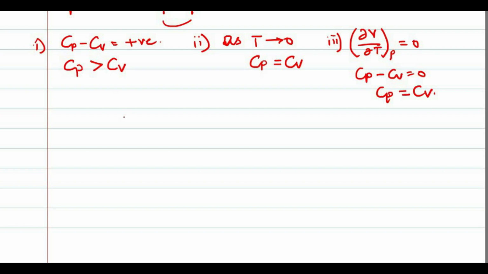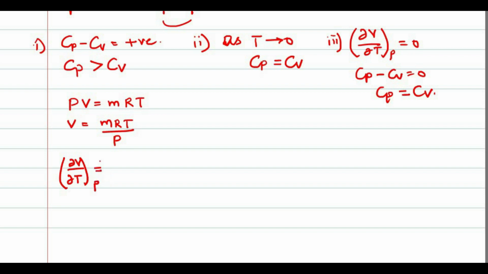We know that for an ideal gas, PV is equal to mRT, and V is equal to mRT by P. So I can write dou V by dou T at constant pressure.